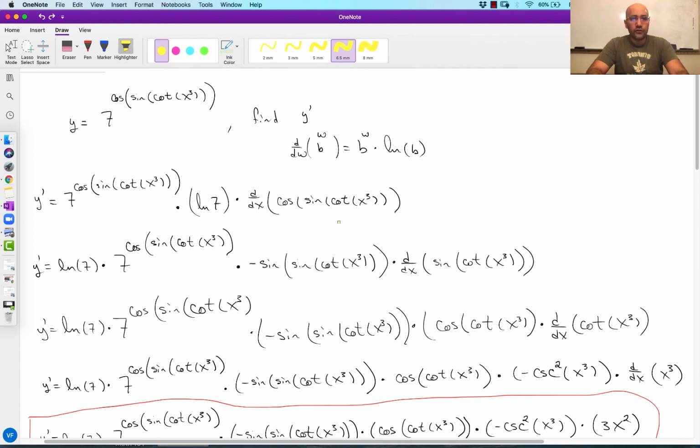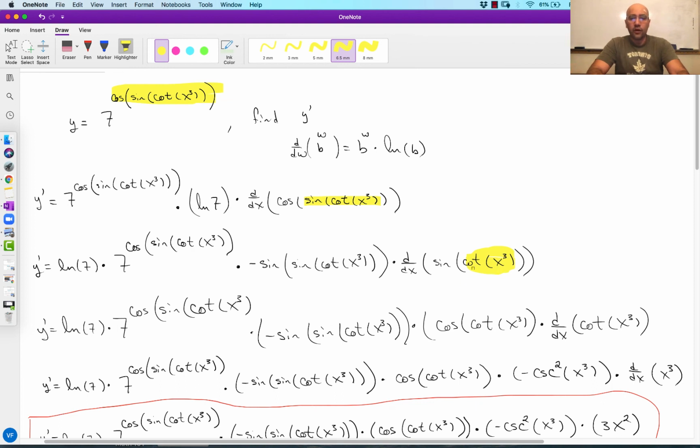Then, in order to solve this one, we now pretend all of that is a single variable. So the derivative of cosine is going to be negative sine of that exact same thing, we just copy it down, times the derivative of the thing we just pretended was a single variable, which is times the derivative of this. Next, we pretend all of this is a single variable. So at this point, we've used the chain rule once here, then again there, and then again there.